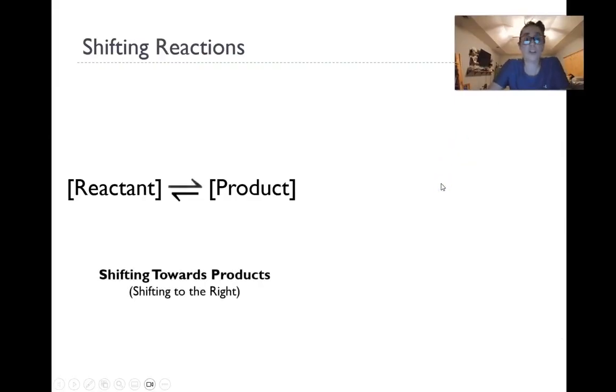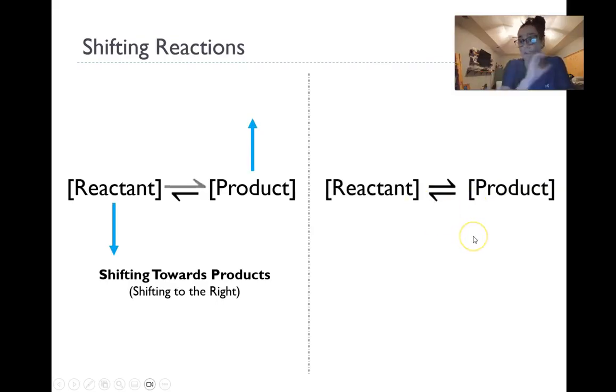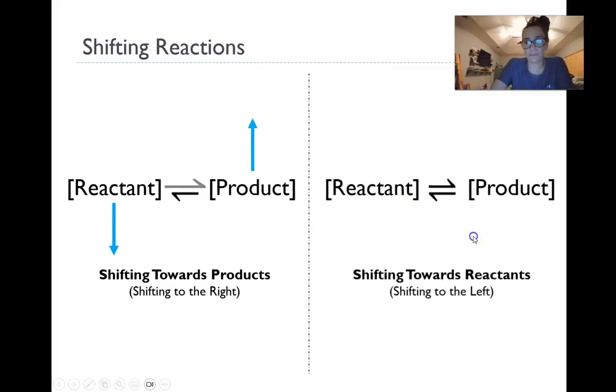So again, this is called shifting a reaction. And again, it only is applicable to reactions already in equilibrium. So if you see the top arrow becoming bigger, that means the reaction is shifting to the right. It's making more product until equilibrium is reestablished, and then again, those arrows are the same size.